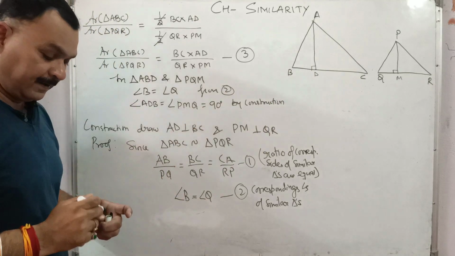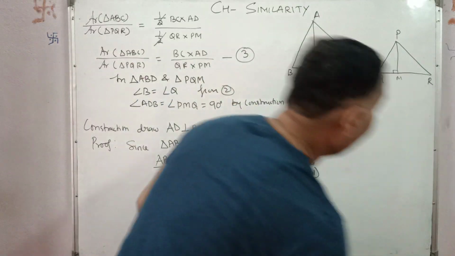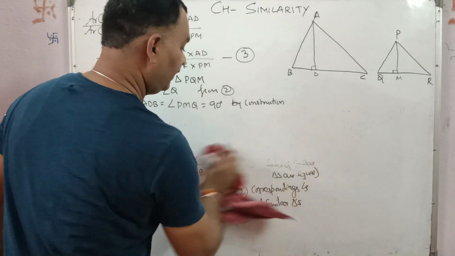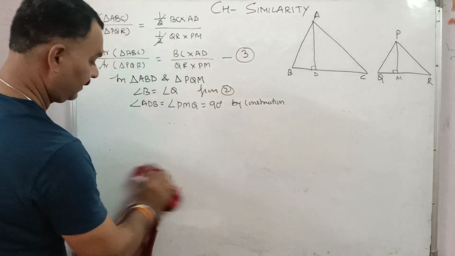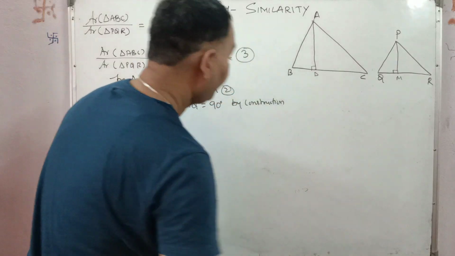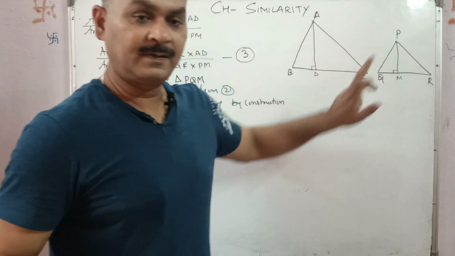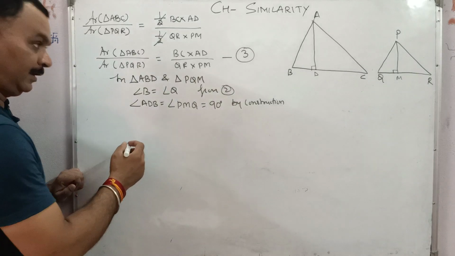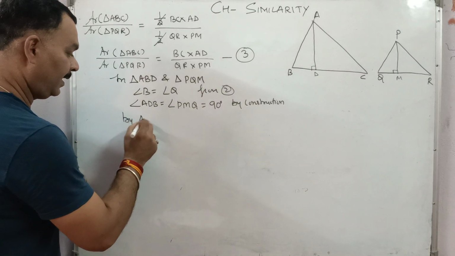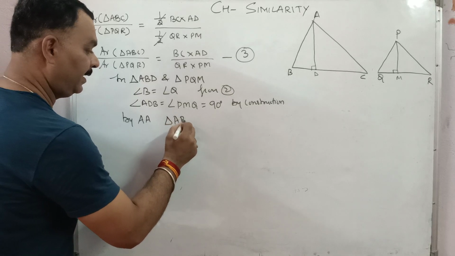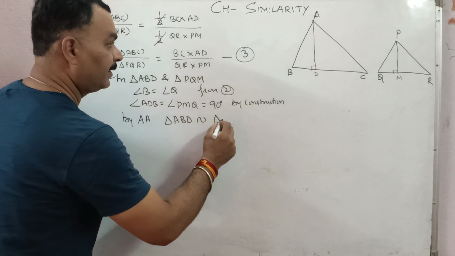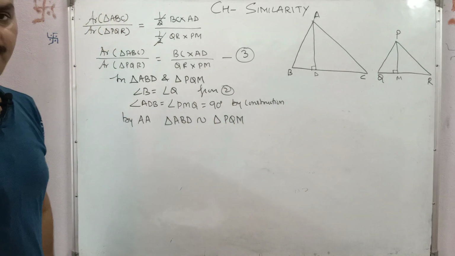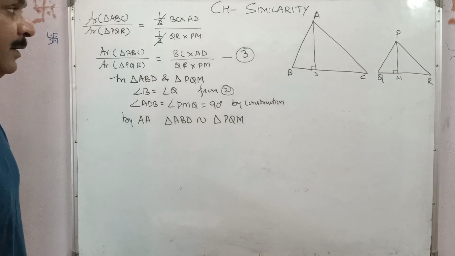So in these two triangles, we see that two of the interior angles are equal. So by AA, triangle ABD is similar to triangle PQM.